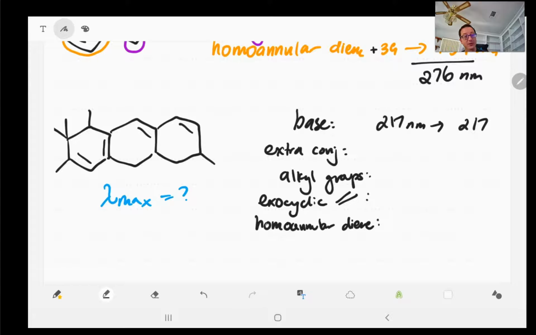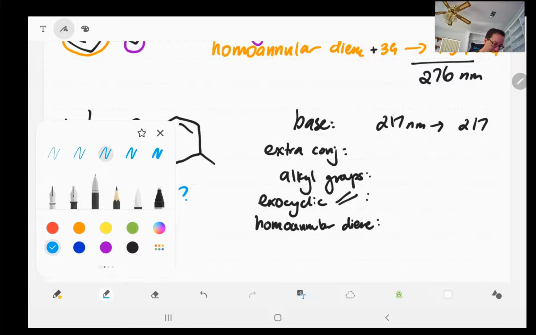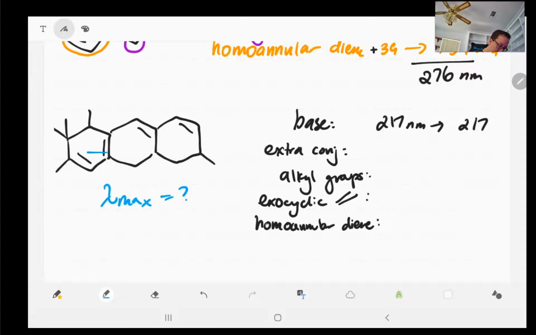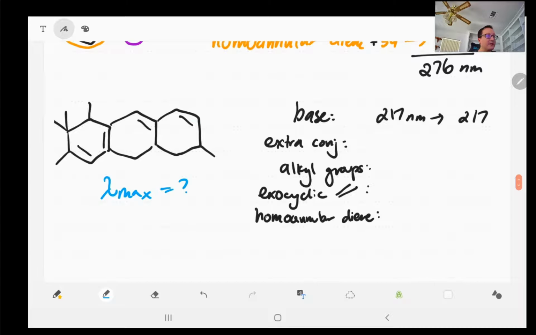So remember, we always start with 2 double bonds. That's our base value. If we're looking at extra conjugation, well, we've got 1, 2, 3, 4 double bonds here, right? That are all conjugated. They're alternating, single and double bonds.